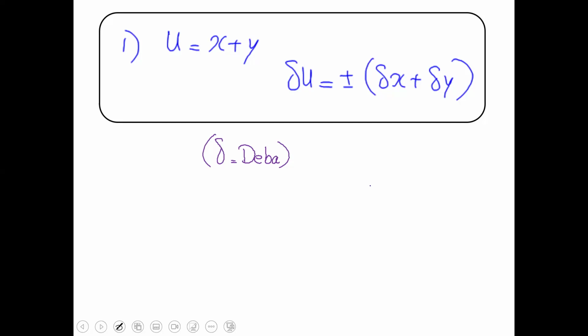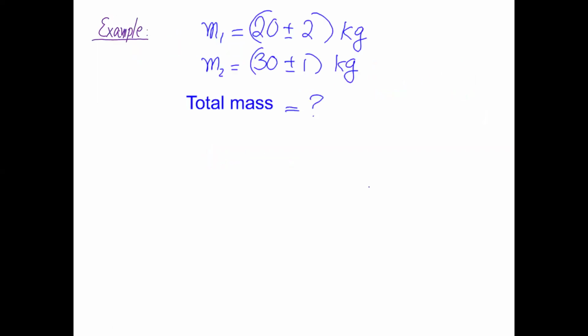So u is equal to x plus y. What does this formula mean? This formula means if two quantities are being added, their uncertainties are also added. For example, look at this question. M1 is 20 plus minus 2 kg. M2 is 30 plus minus 1 kg. I want to find the total mass.